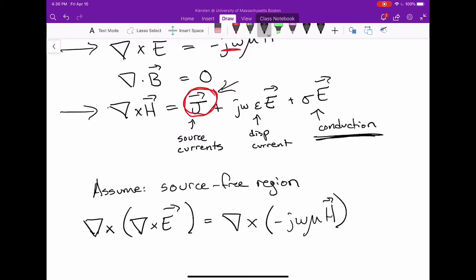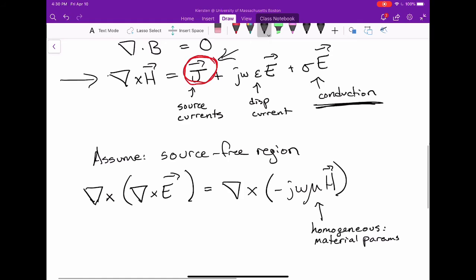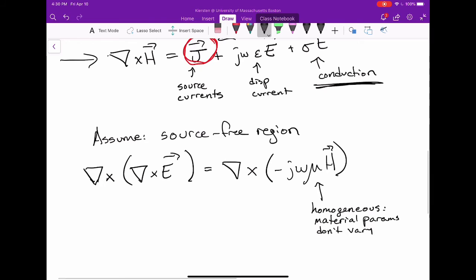Now we're assuming that this is a homogeneous medium, so that means that mu is not varying with position. Material parameters don't vary, which means that this curl really only operates on the H term here.